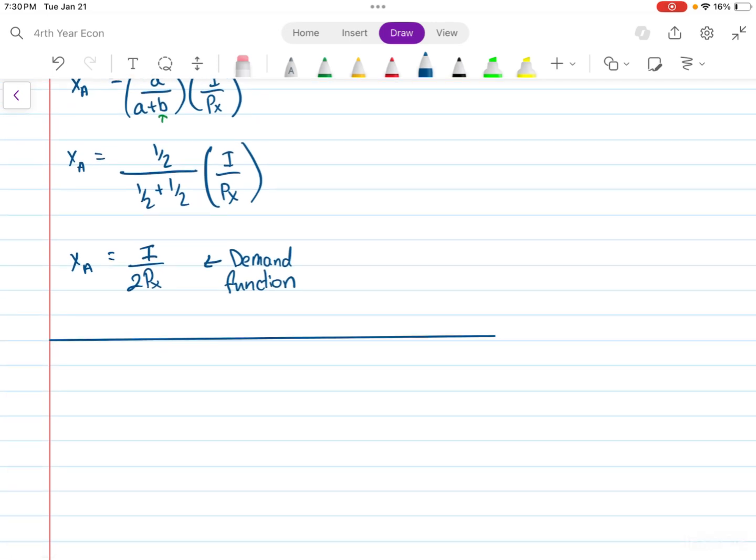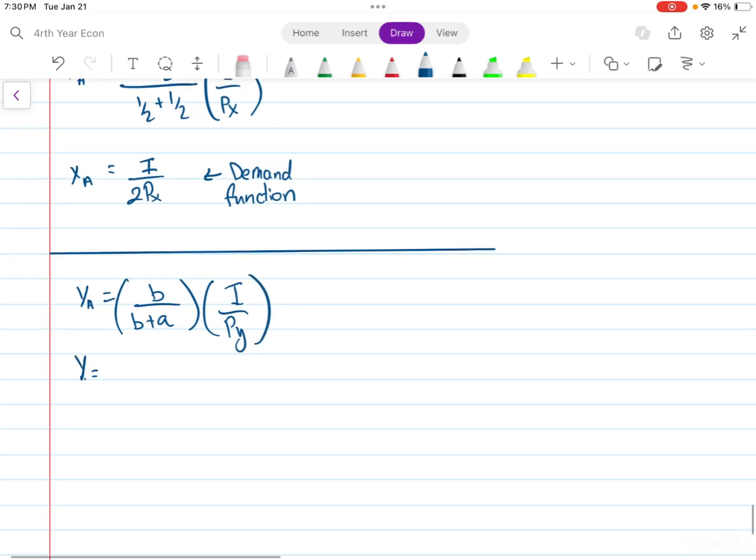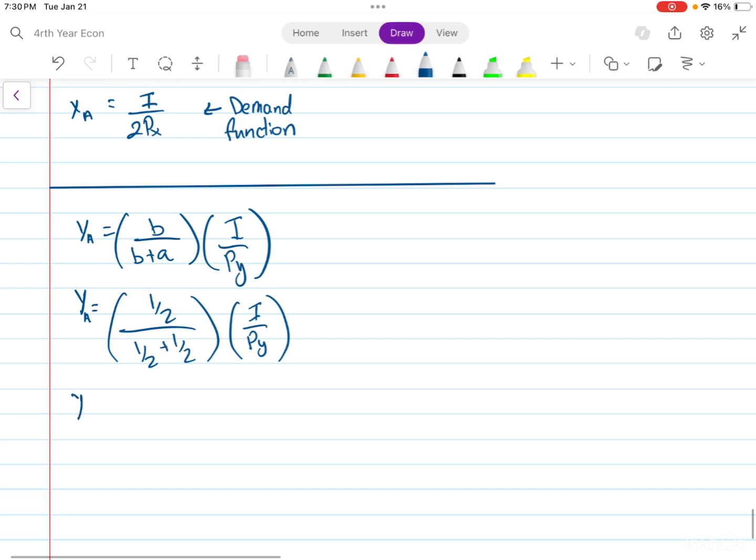Good Y for Alex is equal to the B term over B plus A multiplied by the income over the price of Y. For the Y term for Alex, we have the exponents, and basically that is equal to I over 2 PY.